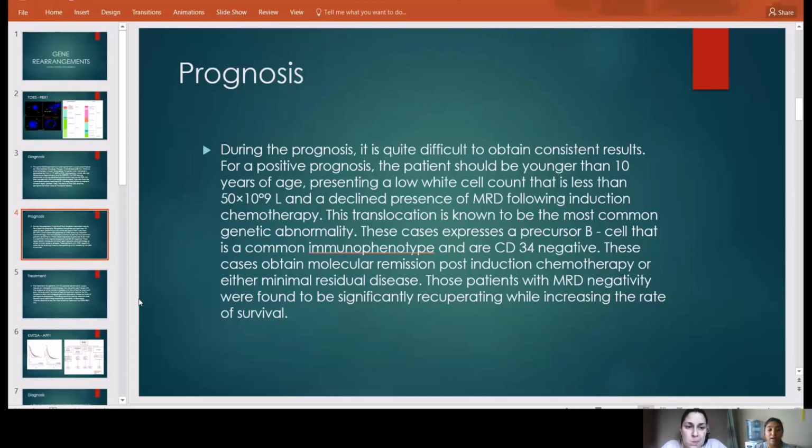During the prognosis, there are many things to identify on a person to be able to know whether it would lead to an effective treatment plan or it will lead to a more vigorous treatment plan.